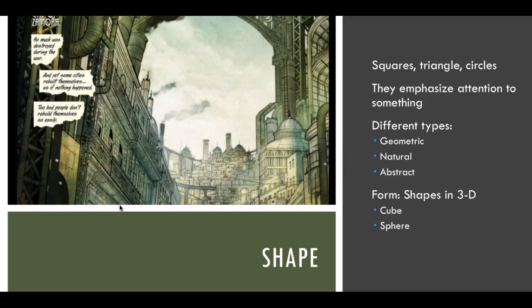So all those things are shapes, and shapes come in the geometric forms, of course, like squares and triangles and circles and rectangles. Of course, there's the natural shapes like trees and leaves and whatnot, so anything that you can find in nature. And then there's the abstract shapes that you don't find in nature. They're not geometric, they're kind of like out there, like splat.